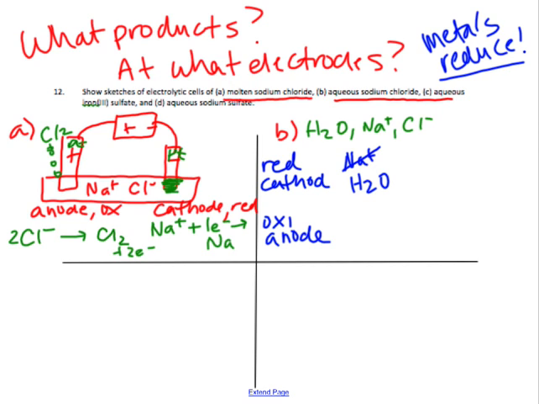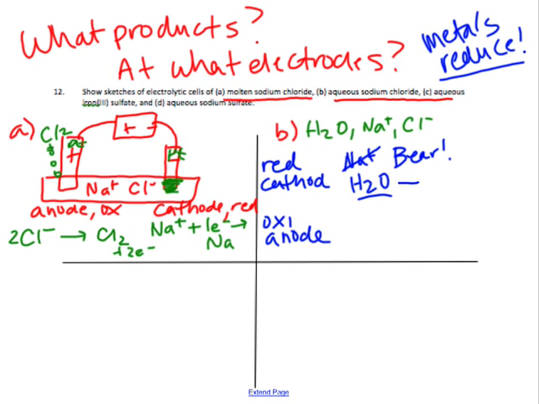Why? This is a bear. Now, on the AP, don't say it's a bear. On the AP, just say water is more apt to be reduced than sodium. Most people teach this using the reduction potential table, where you'd see that H2O being reduced in those half reactions has a larger number than Na+ does, and so you choose that one. But I prefer bears, and this is more fun.